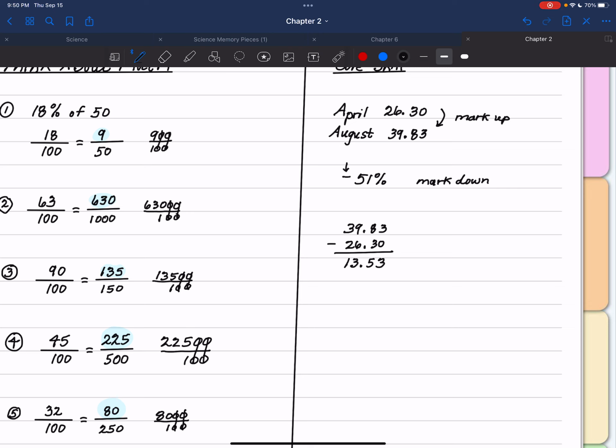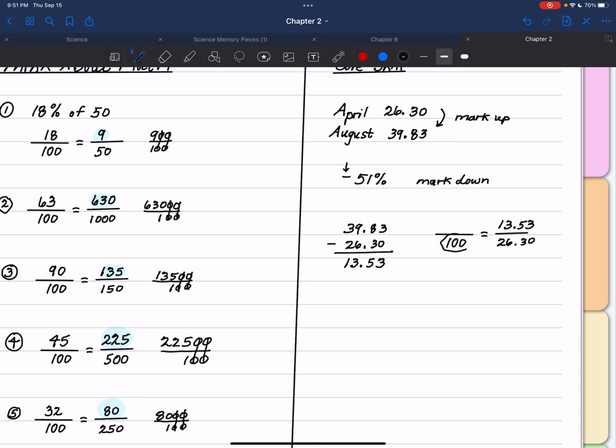So whatever this percent is that I find, it's going to be positive. And here comes the solution. We bring our proportion in. Your change will always go here. And the original, the first price, will always go here. So in April, it was $26.30.